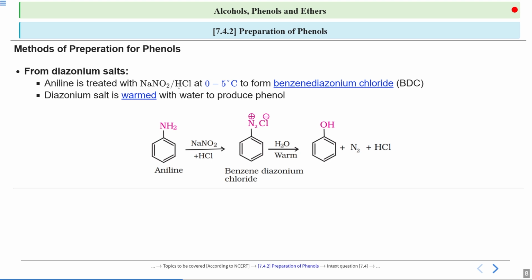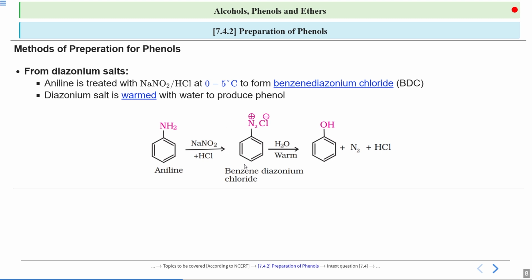So look at this reaction. In this reaction, first we have aniline. And when aniline is treated with NaNO2 in the presence of HCl, we get benzene diazonium chloride, that is BDC. Now you must have studied how from a primary amine we get a diazonium chloride.